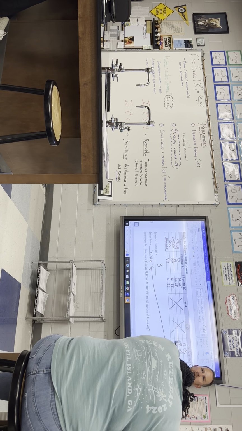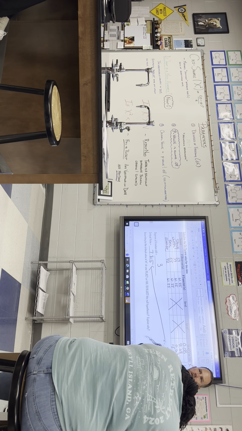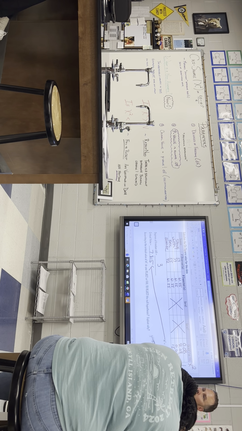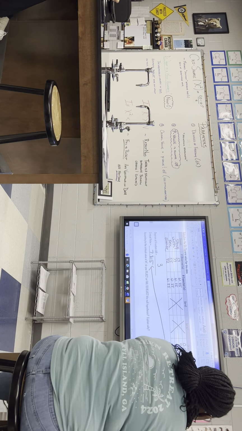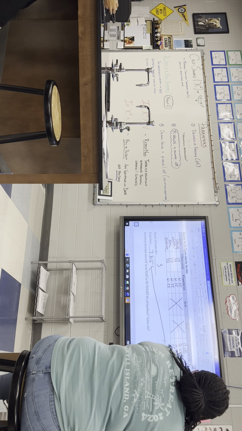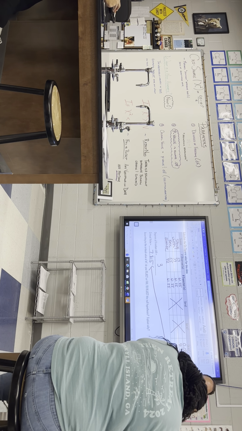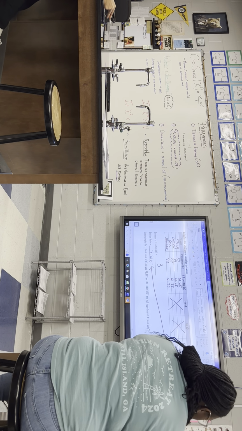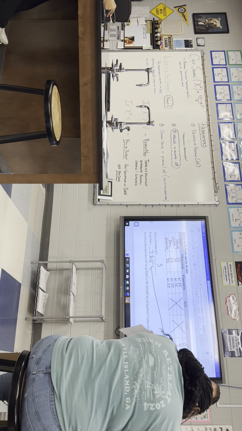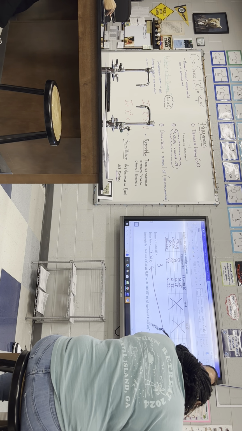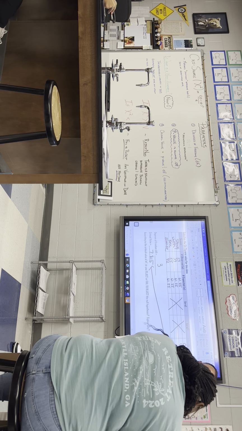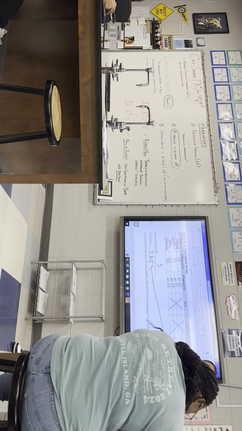This is why I keep telling you, you have to have data to support your opinion. Not saying your opinion's wrong, but your argument is so much stronger if you have data to back it up. And if you're yelling and crying and screaming and kicking like a school kid, nobody's going to listen to you. All right?